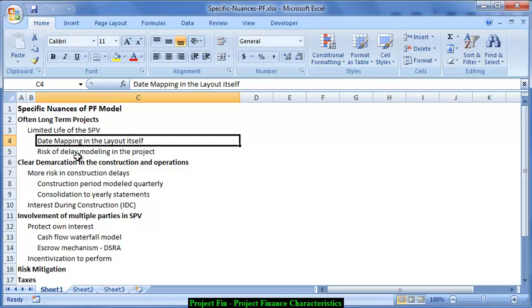Since this project has a specific duration, for example 20 years, if your construction period gets delayed, there is a risk of delay in the project. While implementing the layout for the model, we'll make sure that this risk can be incorporated in the model itself. So you need to be very clear about building the layout for such a model, and we'll obviously build that layout in one of the next tutorials and show you how this particular part is taken care of.